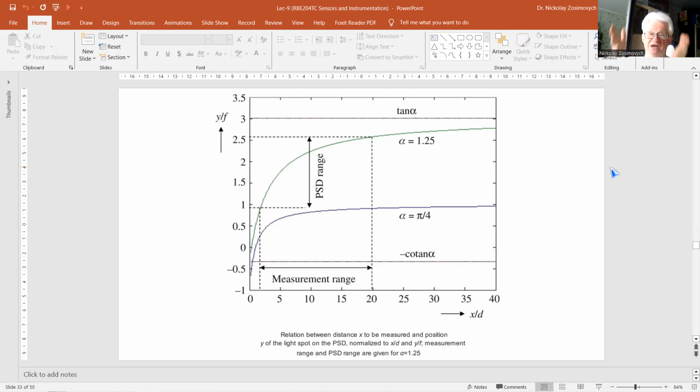It means that y over f equals minus d over x. And in practice, a compromise must be made with respect to range and inaccuracy by nonlinearity. The range can be enlarged using rotational mirrors, a technique that will be discussed a bit later on in application.